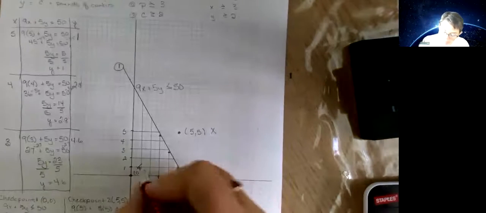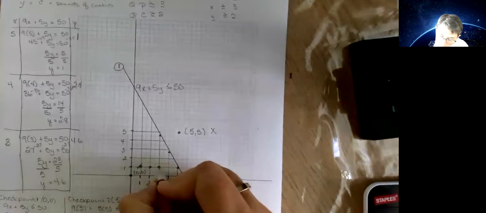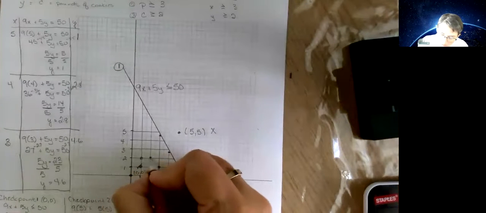So natural numbers are basically, you do like that. And you can't include the axes. So first quadrant underneath the line. And then I'm just going to do this. Yeah, it looks like there's one there.